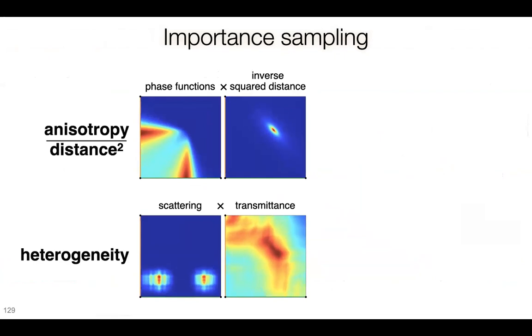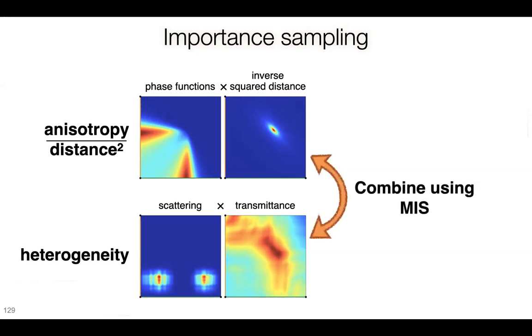So what Novak and colleagues proposed in this work is that they handle both of these components separately. We have seen how the phase functions, which means the anisotropy, were handled, and how the corresponding inverse of the square distance was handled. They handle the heterogeneity separately, and they propose to MIS these two terms later when they perform the rendering pass.